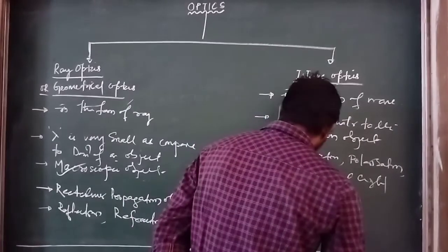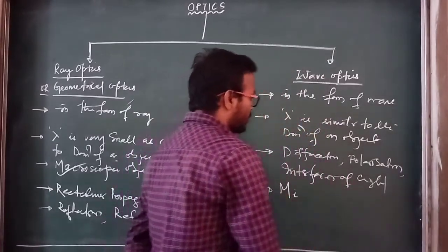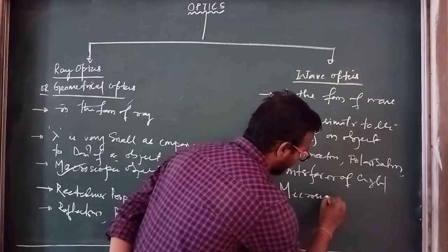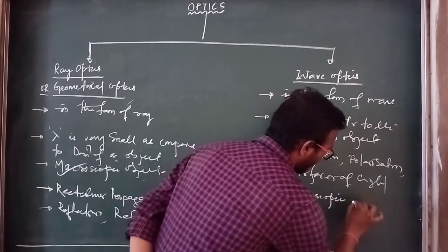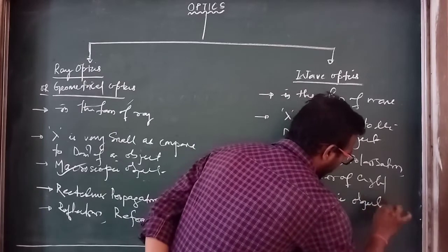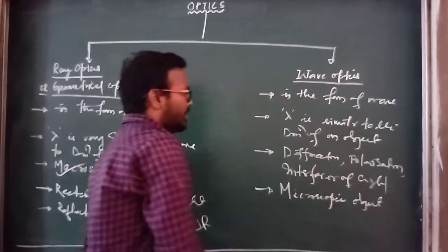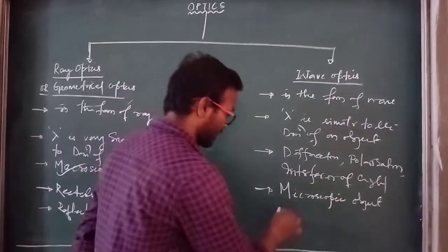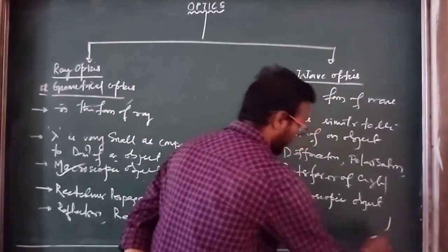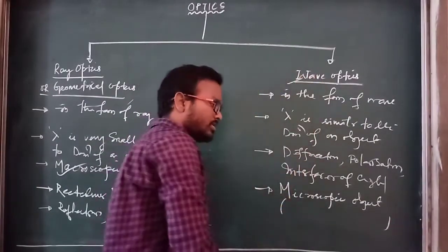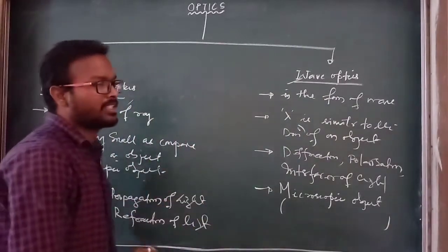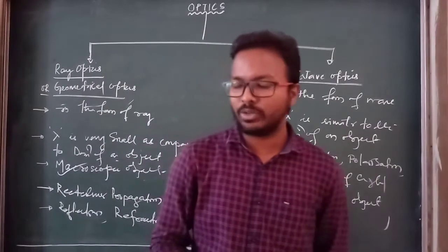So we need an optical instrument to see these objects. This is the physics known as quantum physics. These are the differences between ray optics and wave optics.